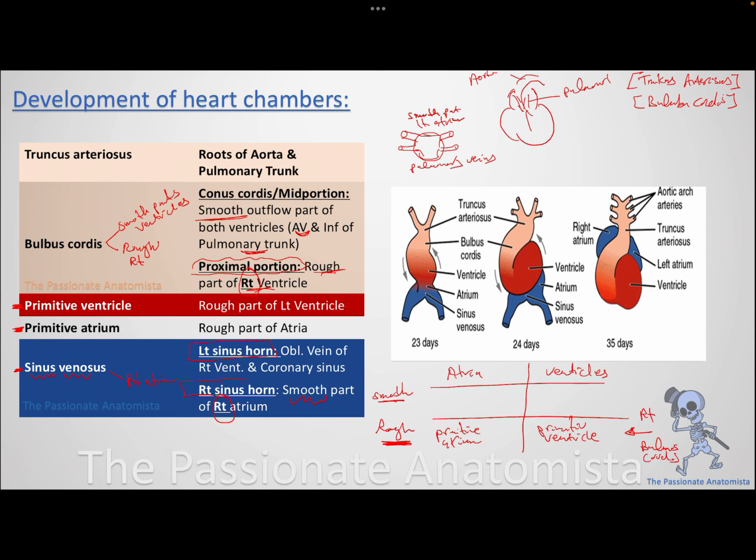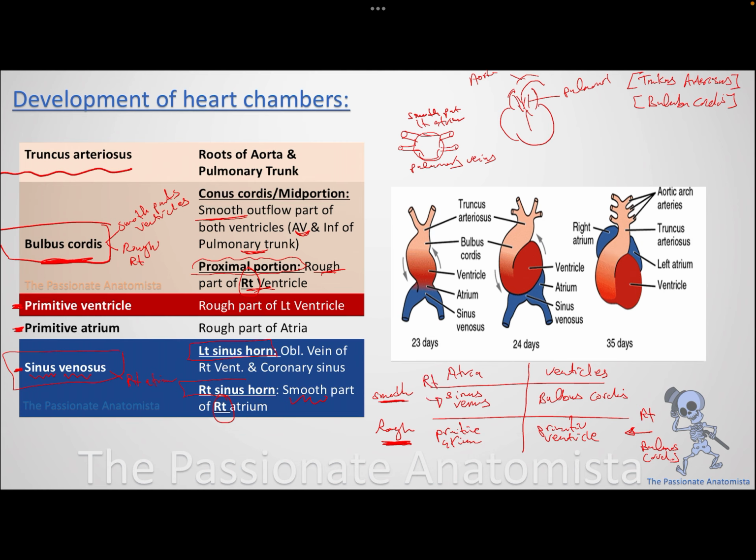Now for the smooth parts, it's coming from other chambers. What other chambers do I have? I only have the bulbus cordis and the sinus venosus, because the truncus only gives me the pulmonary trunk and aorta. The one closer to the ventricle, the bulbus cordis, is going to give me the smooth part of both ventricles, and the sinus venosus is going to give me the smooth part of the atrium, but only the right.